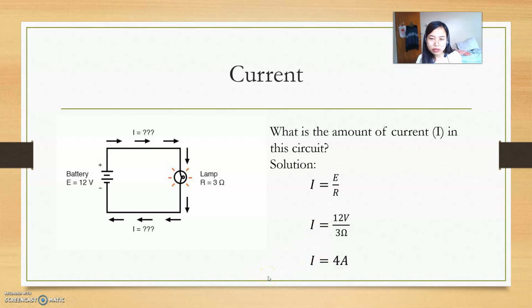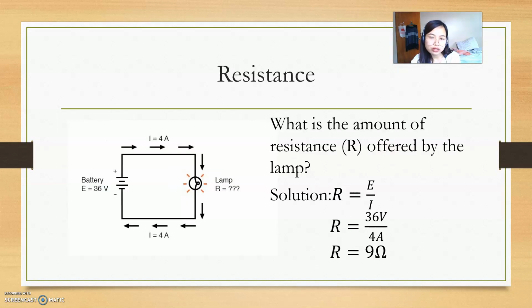Don't be confused on the formulas. Let's go to the next page. So again, current, unit of measurement is A or amperes. Let's go to the resistance. What is the amount of resistance offered by the lamp? As you can see in the picture, the battery is 36 volts and the current is 4 amperes.